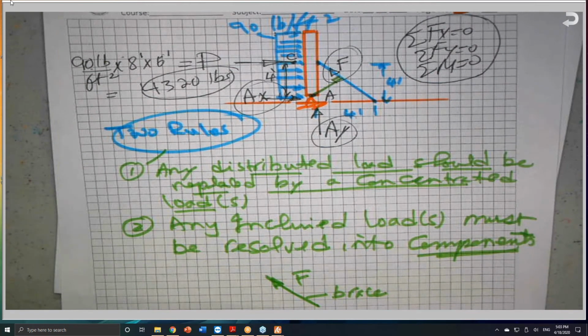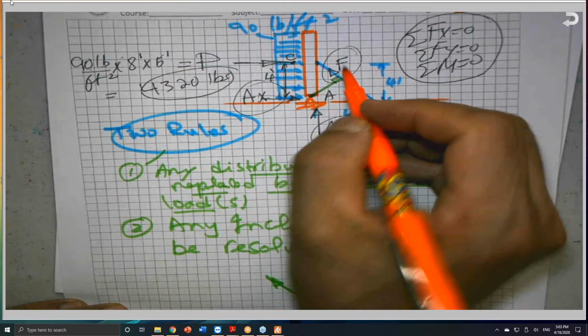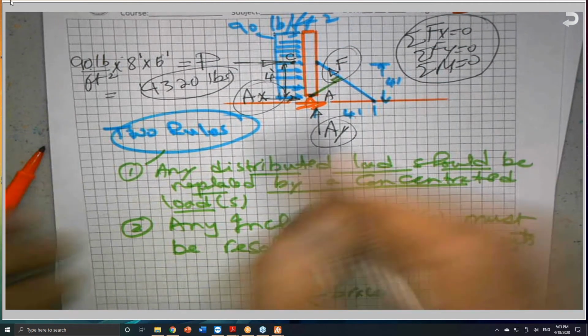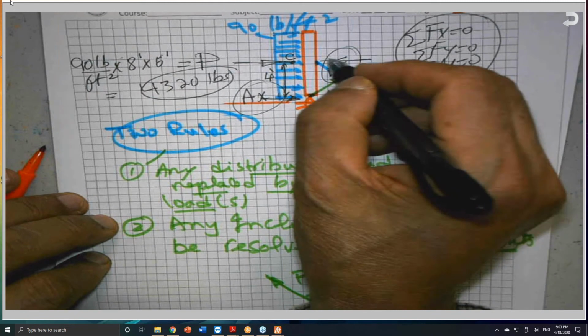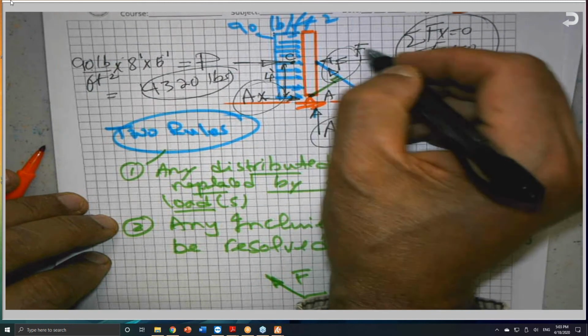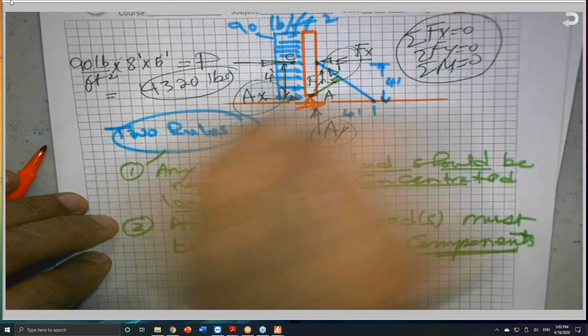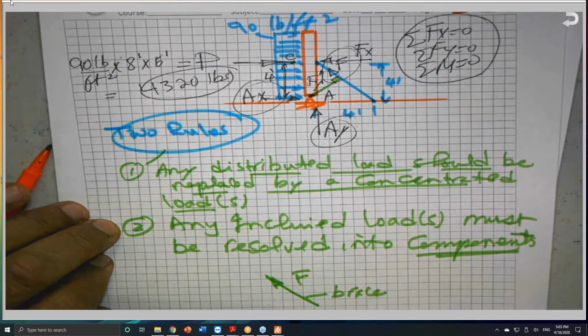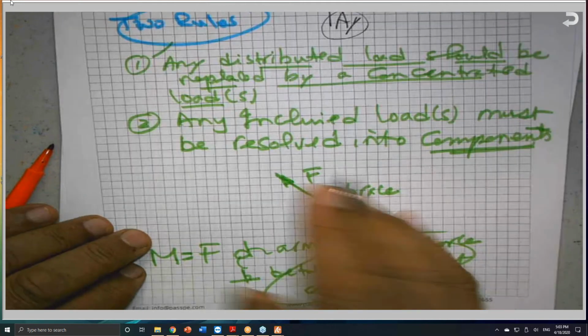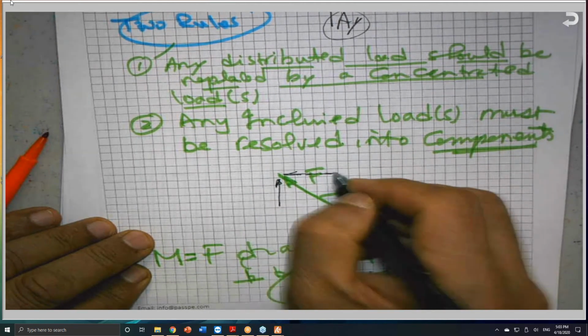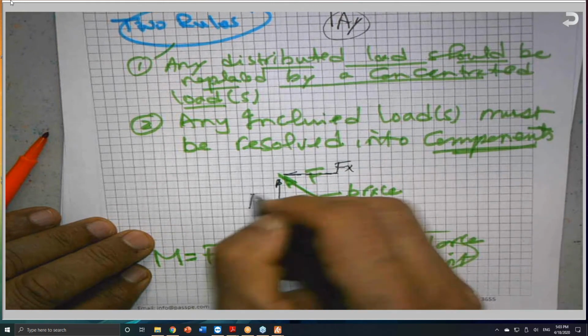Now I can eliminate this by resolving this force into two components. One horizontal and one vertical. This F I'm going to replace with two components, F sub x and F sub y. This is the easiest way. So if I have a force like this, this force has two components, F sub x and F sub y.